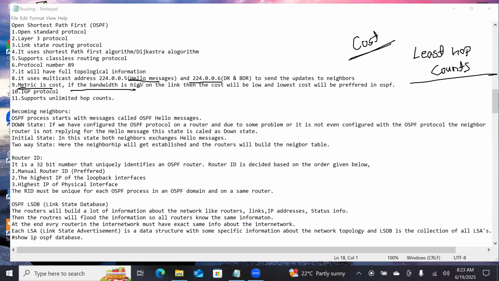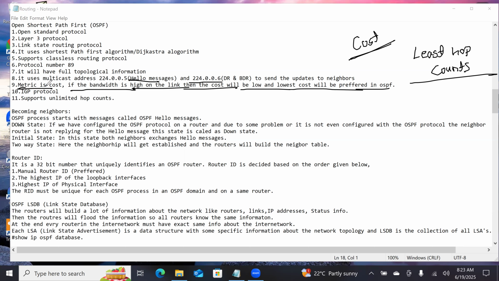If the bandwidth is high on the link, then the cost value will be low, and the lowest cost will be preferred in OSPF. As bandwidth increases, the cost value decreases, and the OSPF router always prefers the lowest cost value as the best path to reach the destination.